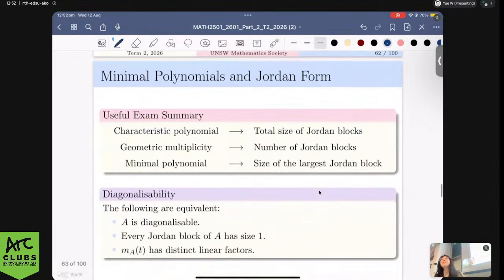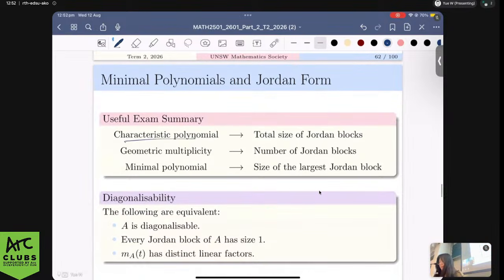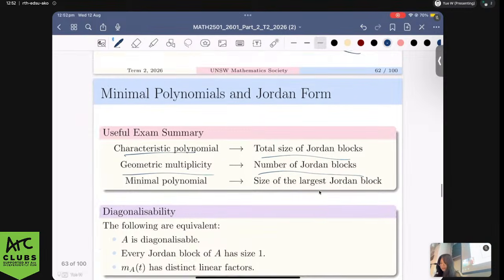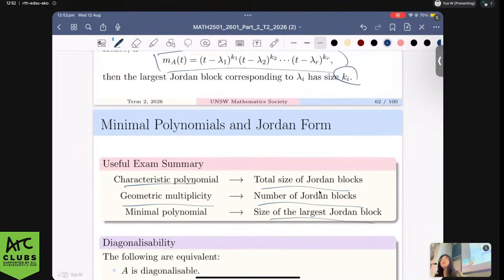So this is just a useful exam summary. A characteristic polynomial, which you have seen from part 1, gives the total size of Jordan blocks. And then your geometric multiplicity is the number of Jordan blocks. Your minimal polynomial, as I said before, is just the size of the largest Jordan block.